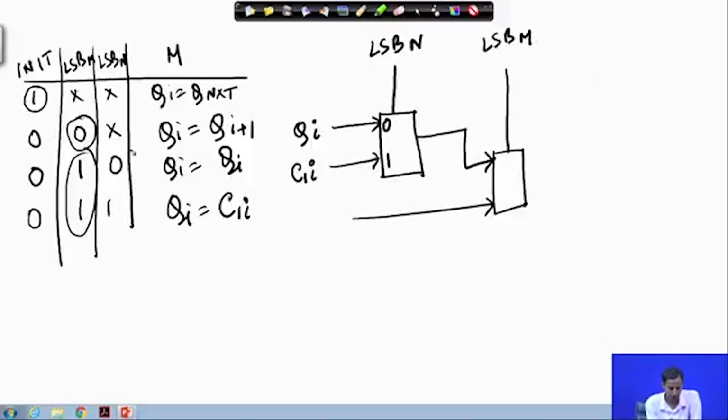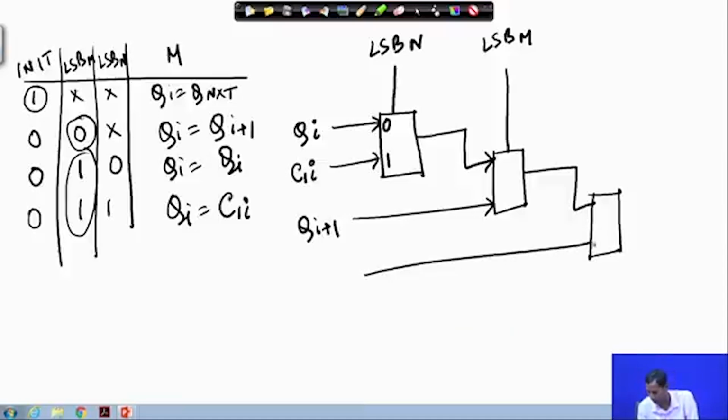Then I have another 2:1 multiplexer where this signal is the init signal and this is q next, this is for 1, this is for 0.